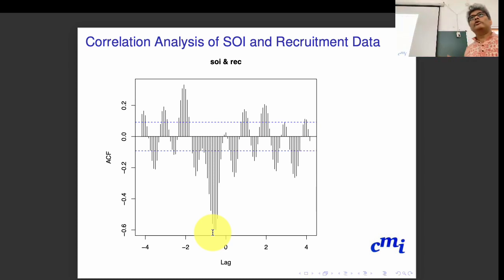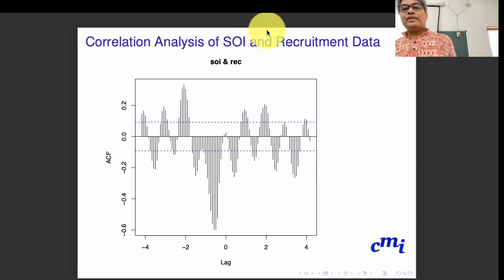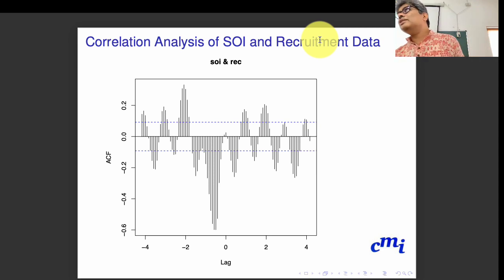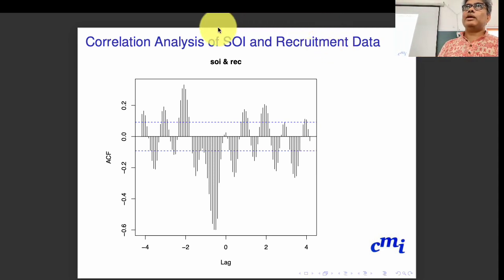But the opposite is not true, because I don't see a similar pattern here. There is something here, near 0.2, but it is not as strong as this one. But definitely this is something. When we do the hands-on, our interest will be: is the Southern Oscillation Index affecting the recruitment data, the fish population, or is the fish population affecting the Southern Oscillation Index?